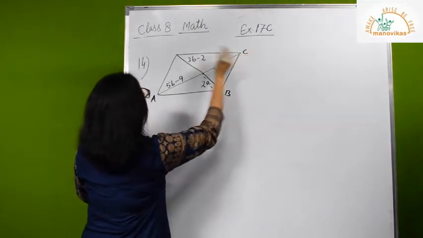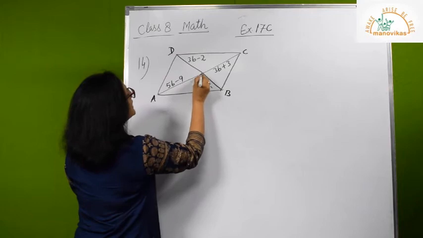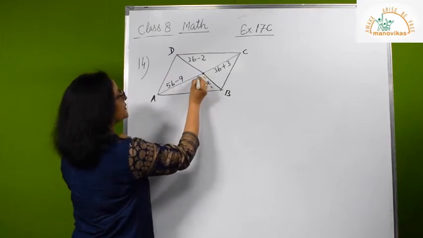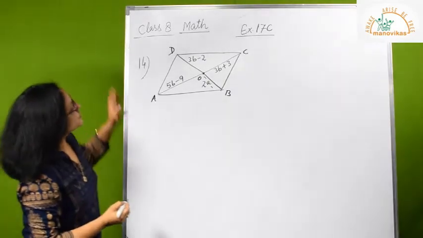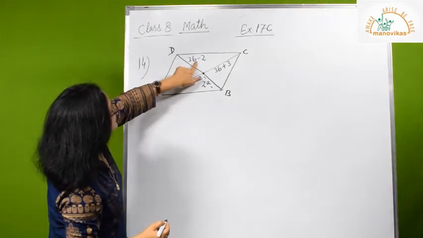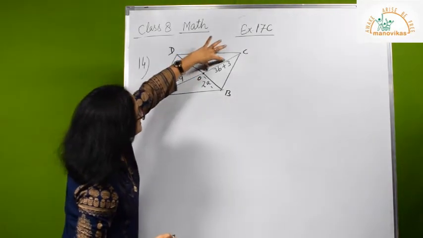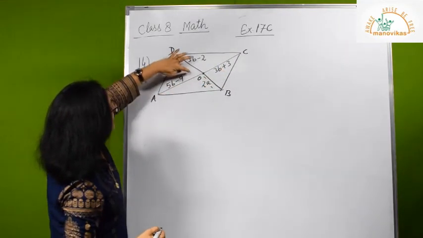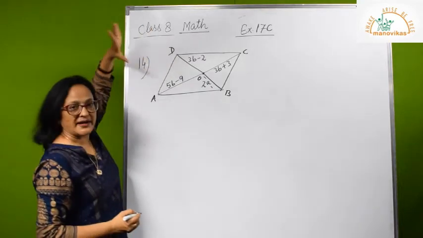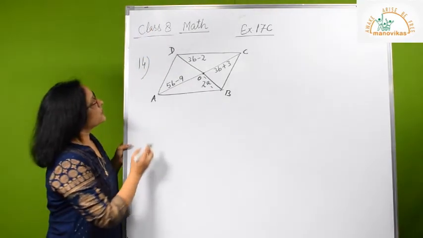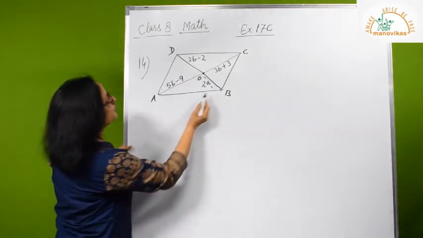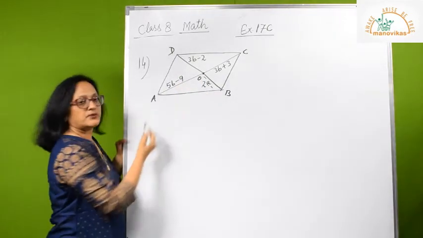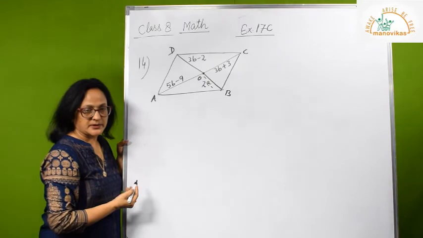If ABCD is the quadrilateral and its diagonals are intersecting at point O, you are given OD is equal to 3B minus 2, OC is equal to 3B plus 3, OB is equal to 2A and OA is equal to 5B minus 9. So the question is, for what value of A will this quadrilateral be a parallelogram?